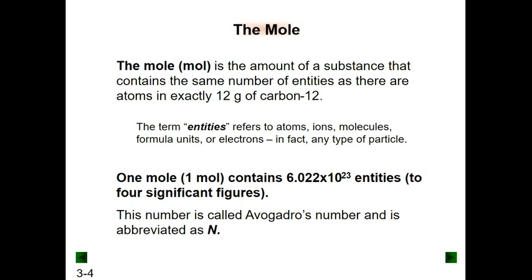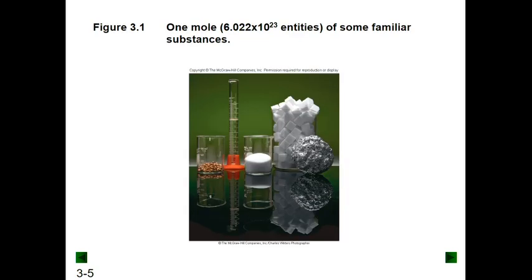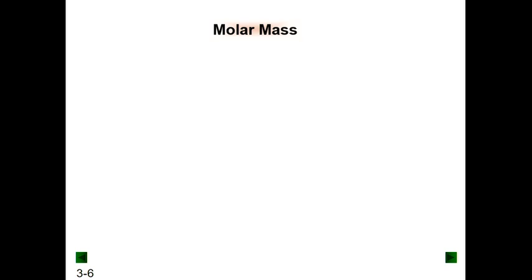We abbreviate that as N, italic, subscript A. And here we have a representation of 1 mole of different substances, like sand, salt, sugar, water, or popcorn seeds in this case.